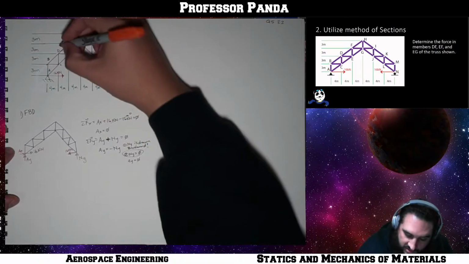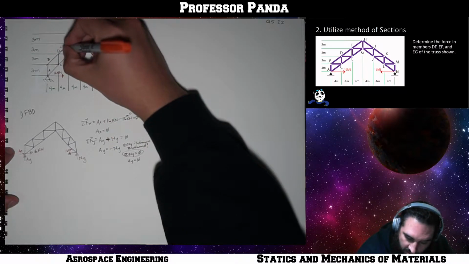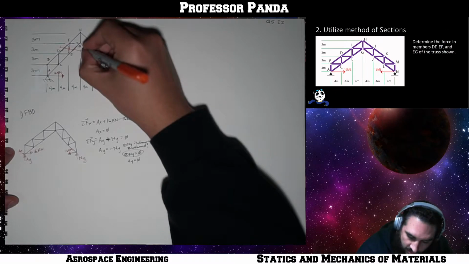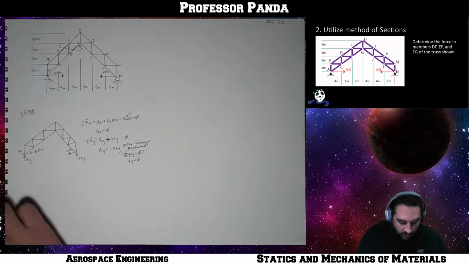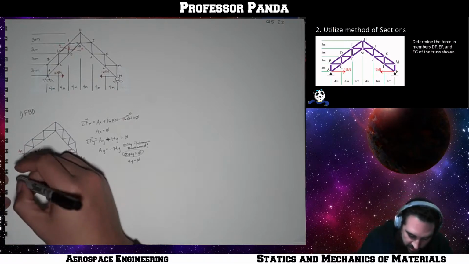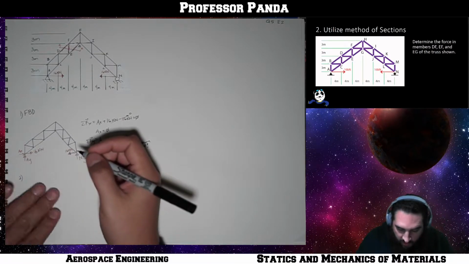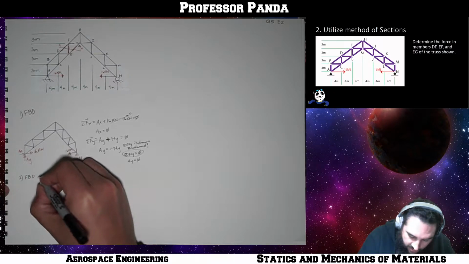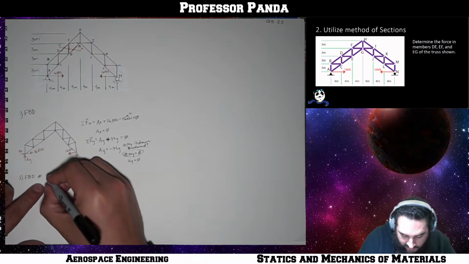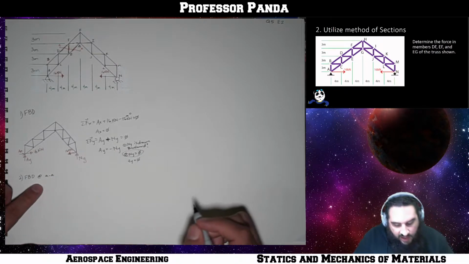So it seems obvious that we're going to make a cut here. I'm going to call this section A-A, which means for step number 2, we are going to do a free body diagram of section A-A.